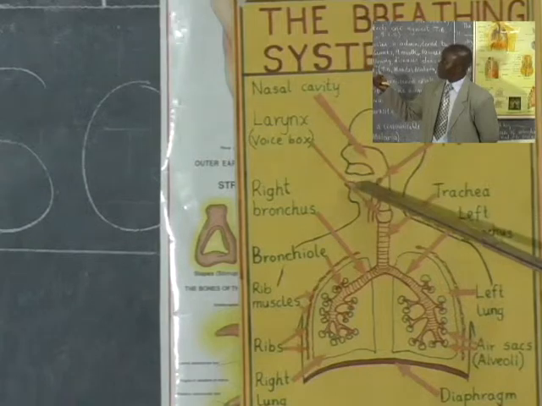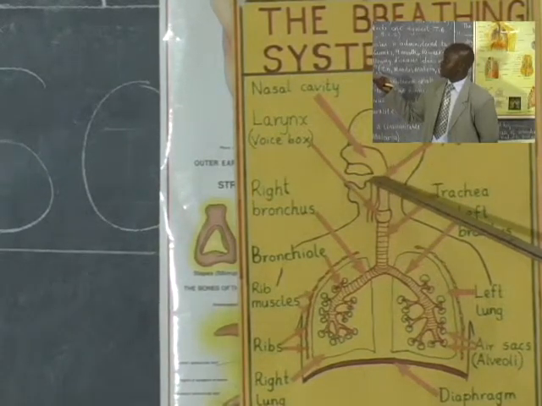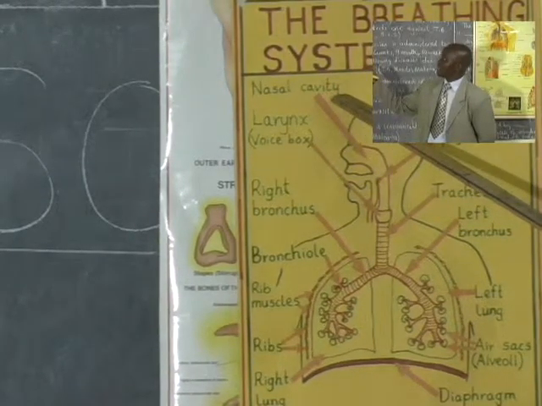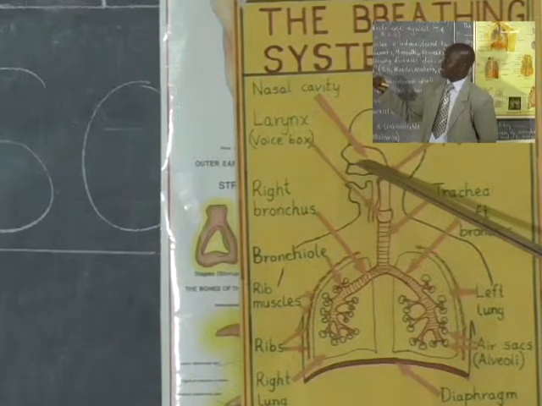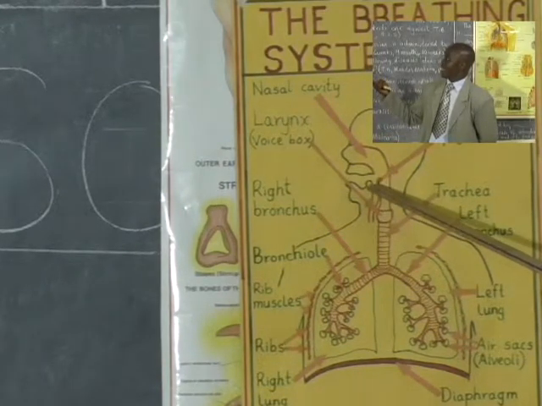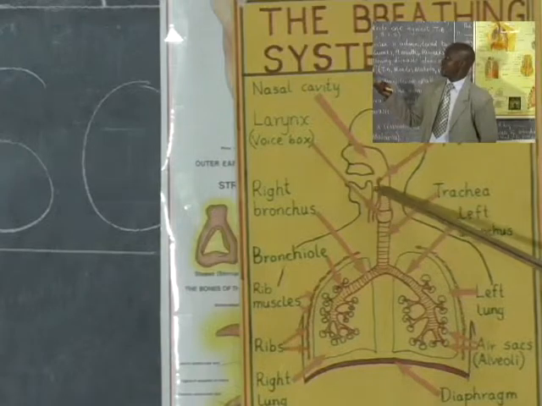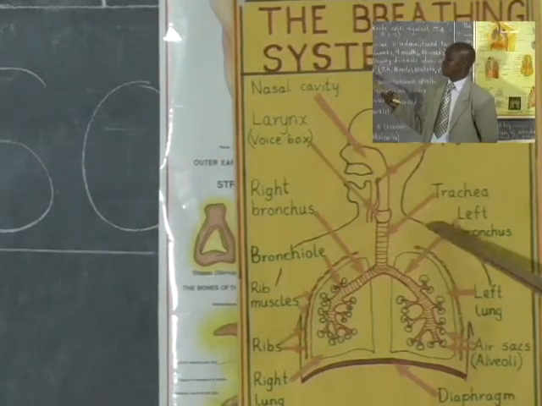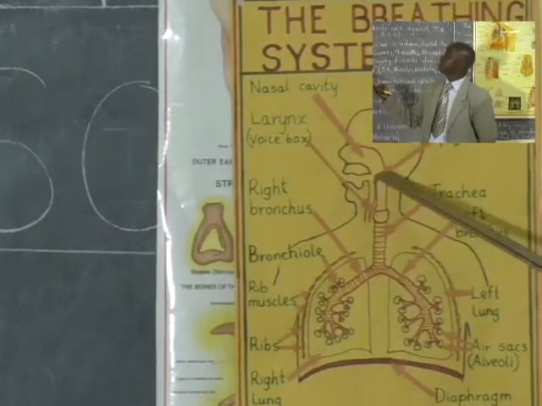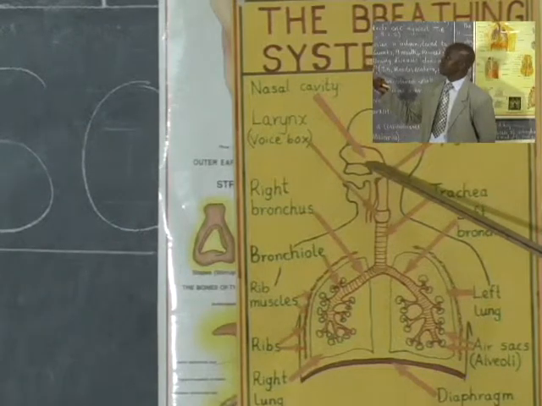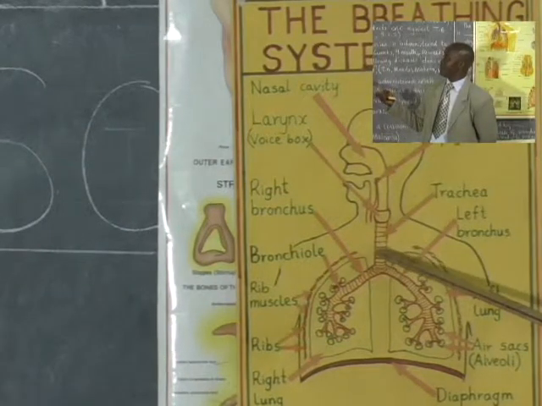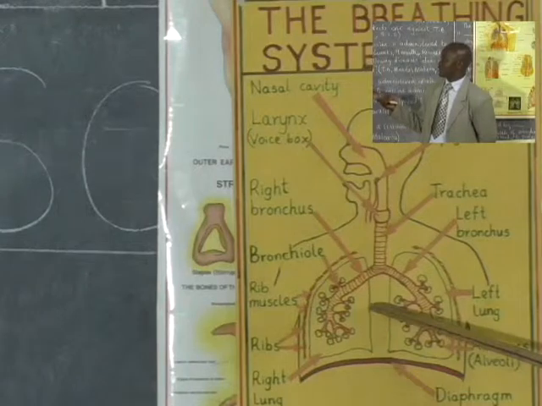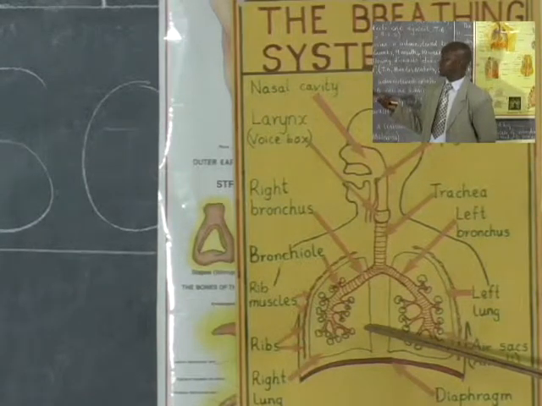So what happens in the nasal cavity? The nasal cavity has the function of, one, making the air warm. The air that is to be taken into the body of a human being needs to be warm, because a human being is a mammal and all mammals have constant body temperatures.